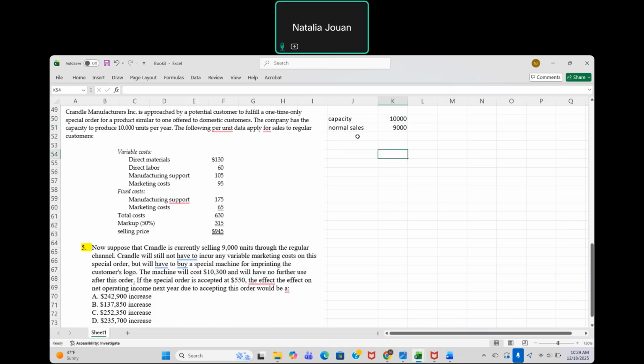So unused capacity at this point is only 1,000. Unused capacity is 1,000 units, but the special order is still 1,030.